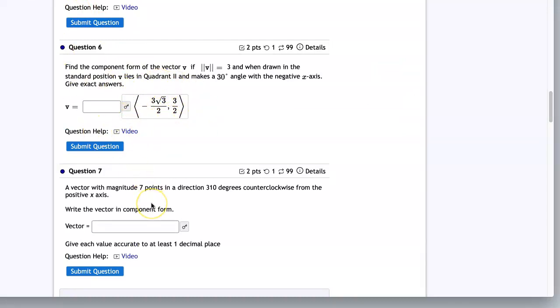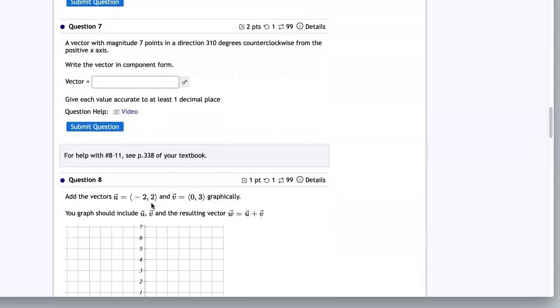Look at question 7 next. A vector with magnitude of 7 points in a direction 310 degrees counterclockwise from the positive x-axis. So you don't have to draw the diagram. You can just use the very formulas we had just looked at. You're going to take 7 as the magnitude and multiply it by the cosine of 310 for the x component, and then multiply 7 times the sine of 310 for the y component.